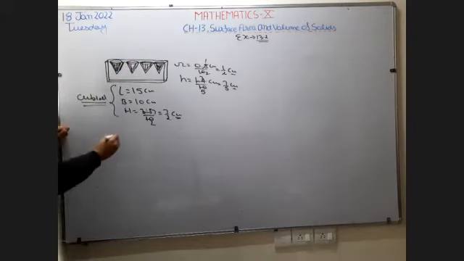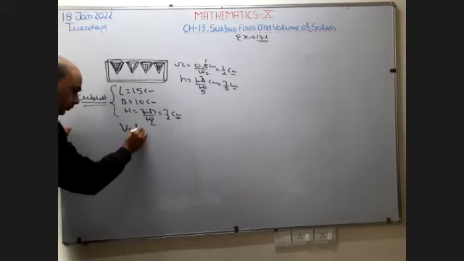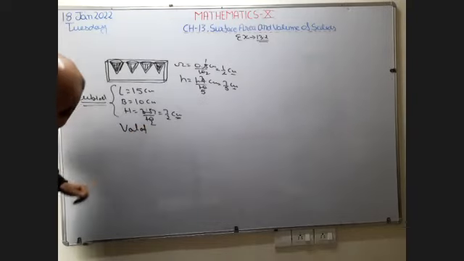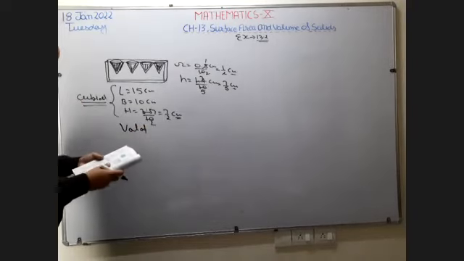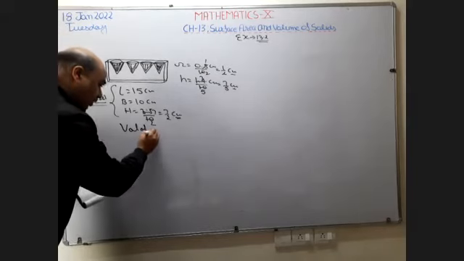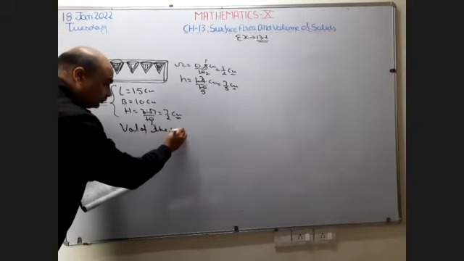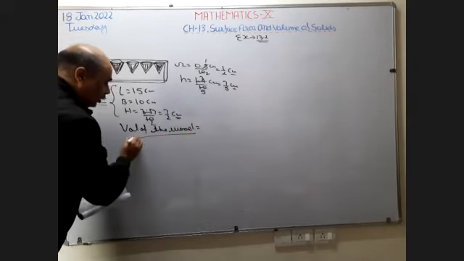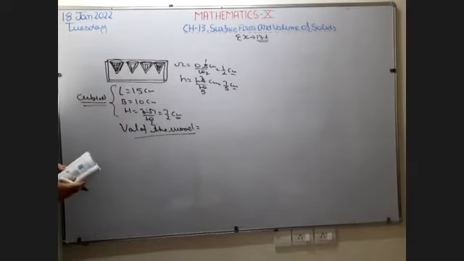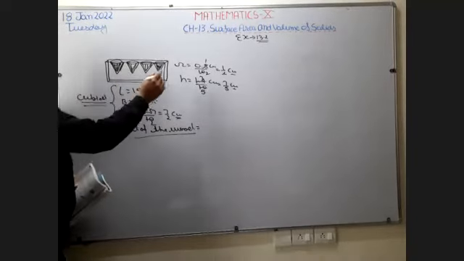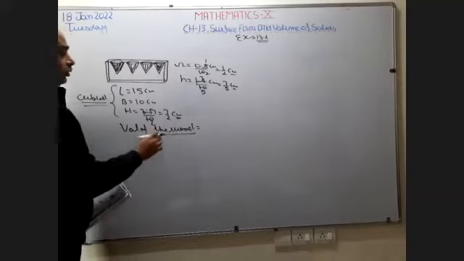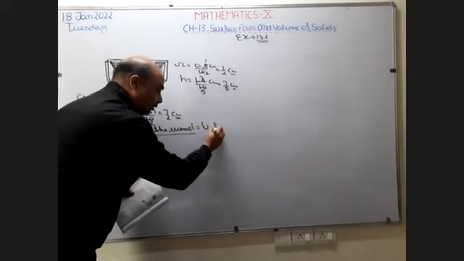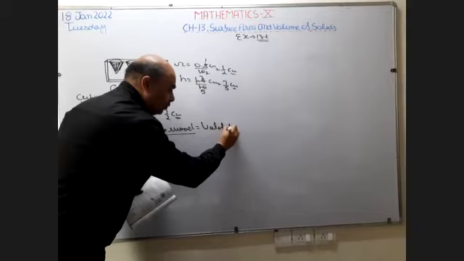So write volume of the wood. What volume of wood is left? As the first case, it is in the shape of a cuboid. So write here volume of the cuboid.